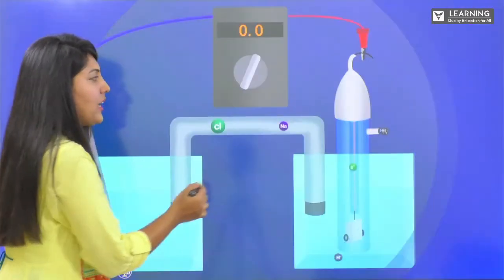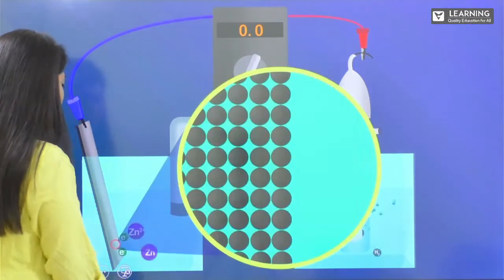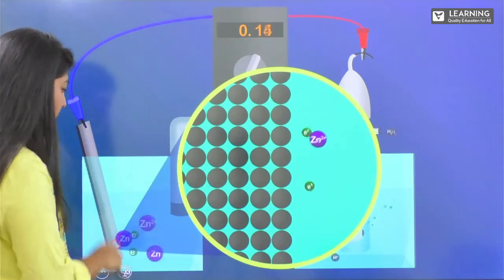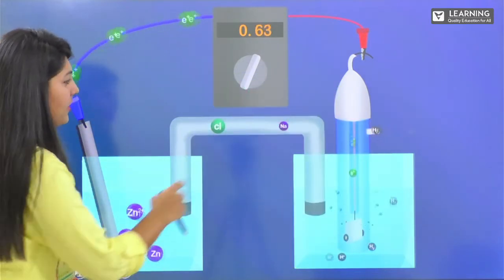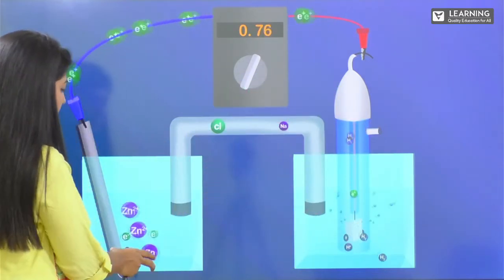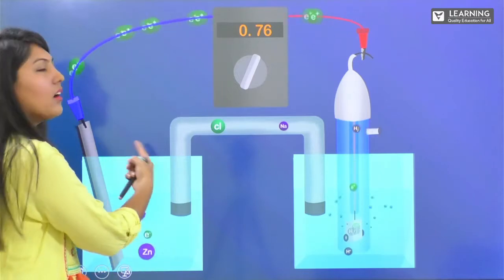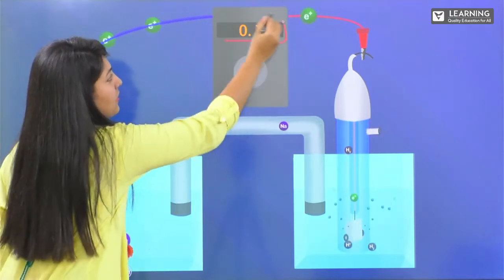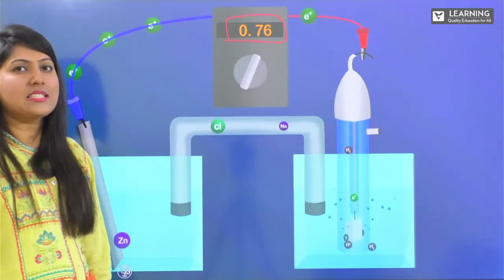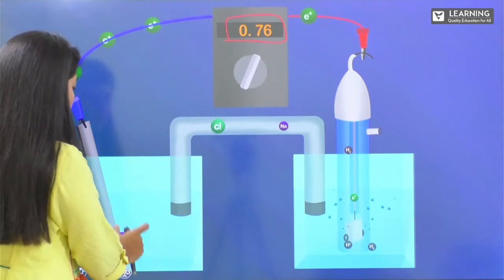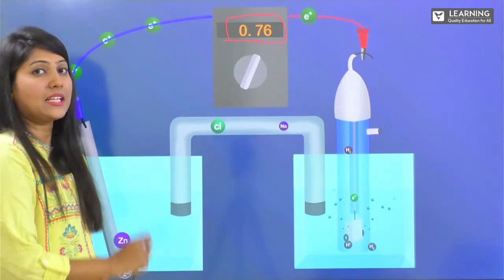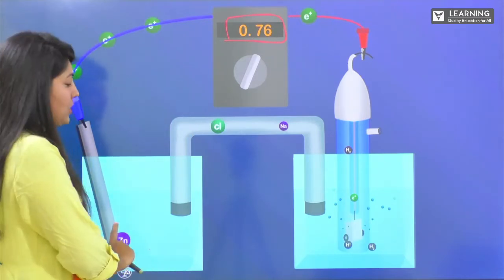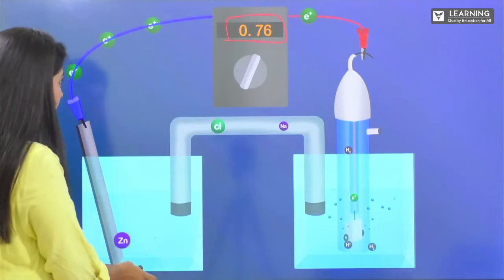So we have two reactions which are taking place here. If you see, the same hydrogen is linked with zinc, where zinc is oxidized and we get a value of 0.76, and that gives you the standard electrode potential of zinc. So I hope you understand this.